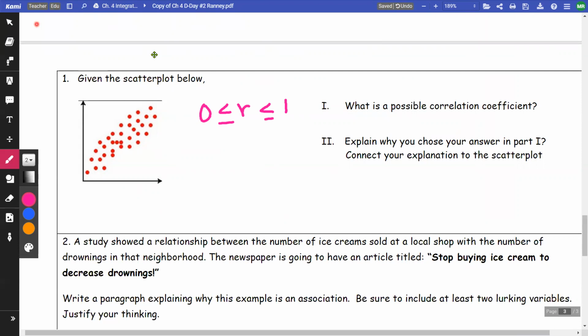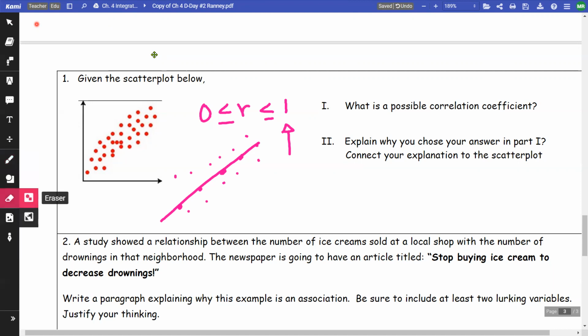It is not going to be negative because it's increasing. If it was 1, that would be a line with every point on the line. As my points get more and more off of the line, it's getting further away from 1, closer to 0. So you can give me an approximation that you think it is for that.